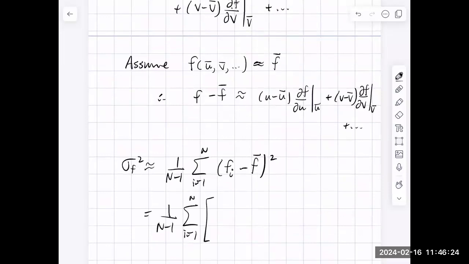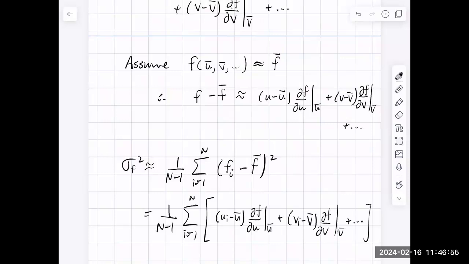Okay, so this thing we're going to replace with all of this stuff. So we're going to have to write a few terms out here. So ui minus u bar df du evaluated at u bar plus vi minus v bar df dv evaluated at v bar plus more terms, and all of that squared.